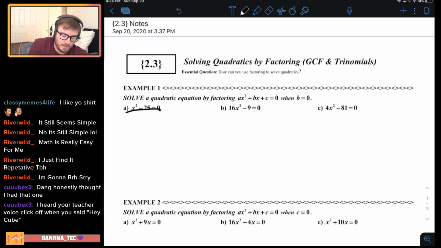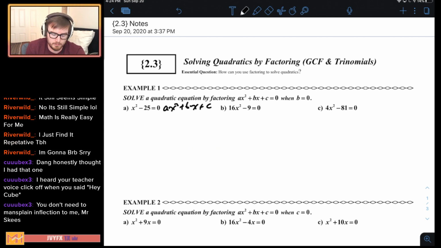So I look at this. If I were to use that same method, I don't have a middle term here, and you might be looking at that struggling like, well, what is b then? Well, b is 0. So 0 divided by 2.